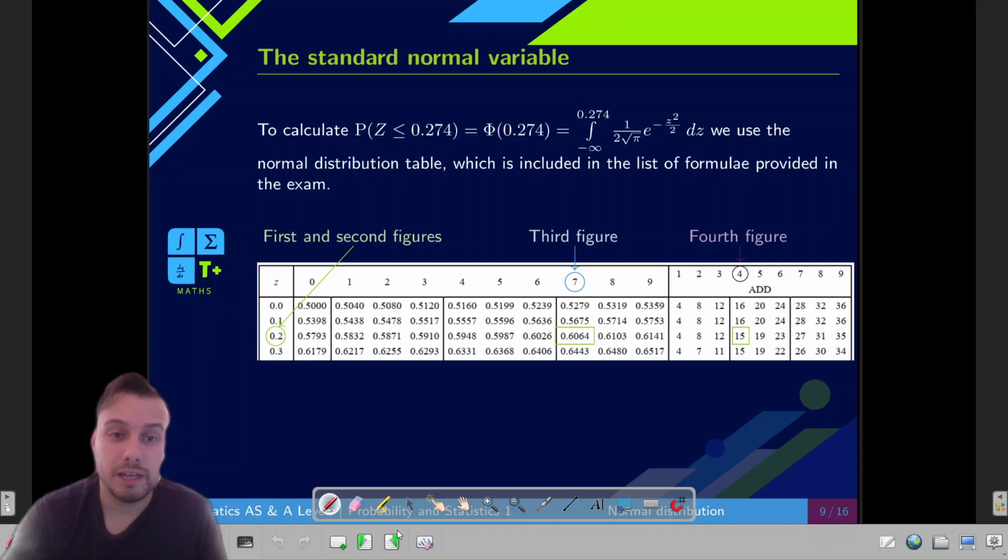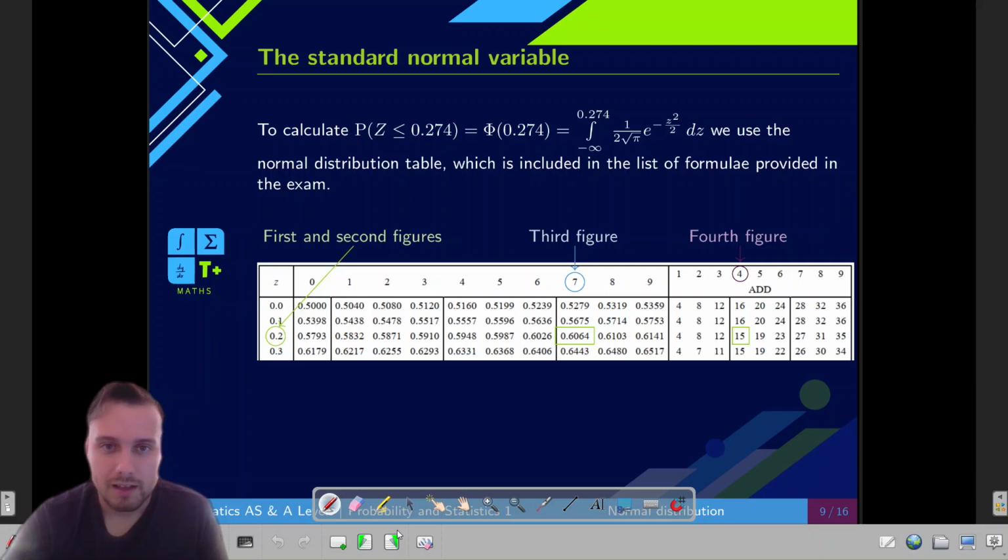This normal distribution table, which I will be showing in full in a few more minutes, is given in the list of formulae and statistical tables for the exam, so you will have it. For those that don't have access to it now, you can go to my webpage where you can see the table that you will be given in the exam. And now I'm going to show you how to use it, because if you don't know how to use it, then it doesn't give you anything.